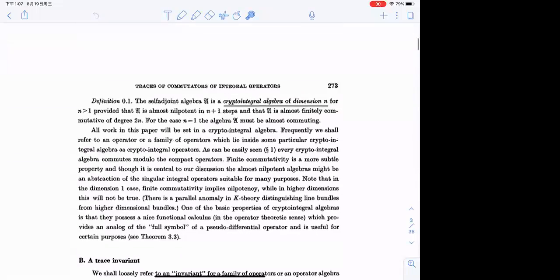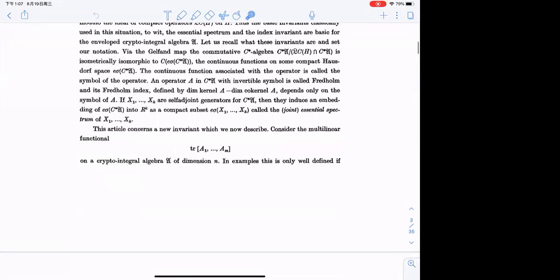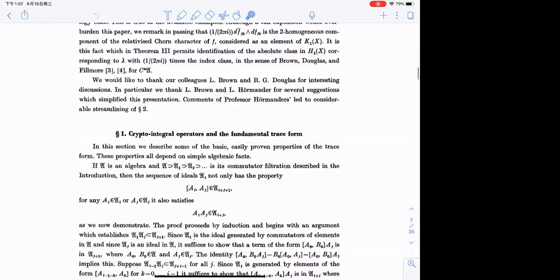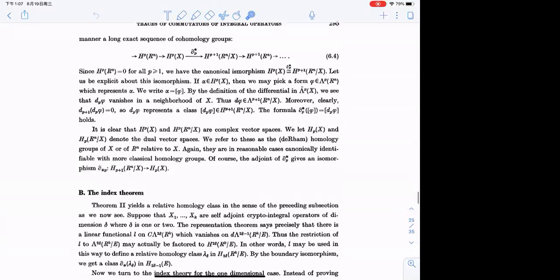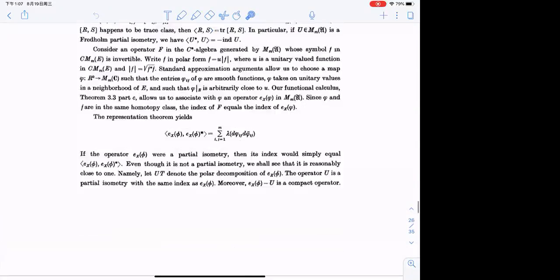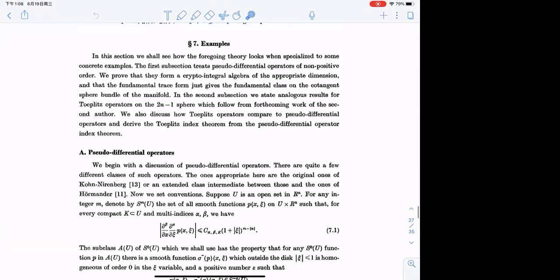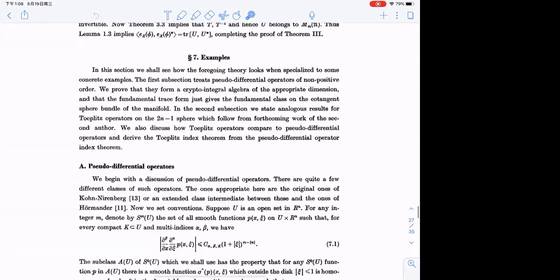And then they study this invariant, the trace of this anti-symmetric sum. As an example, in the last part of the paper, they give two formulas. Let me show you. Yeah, section 7, examples.